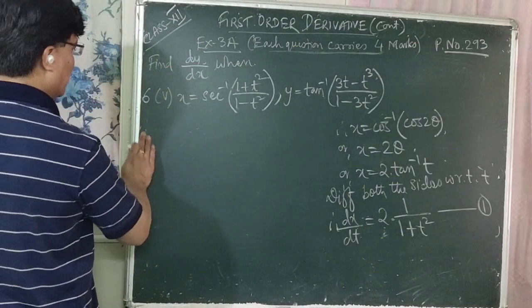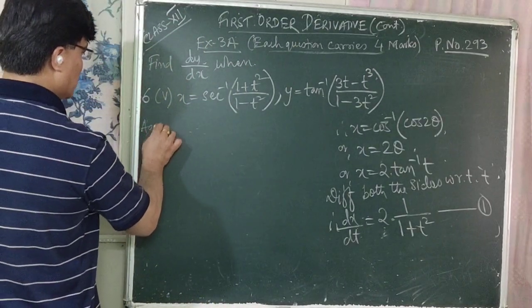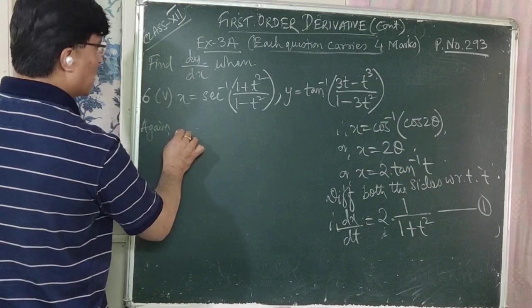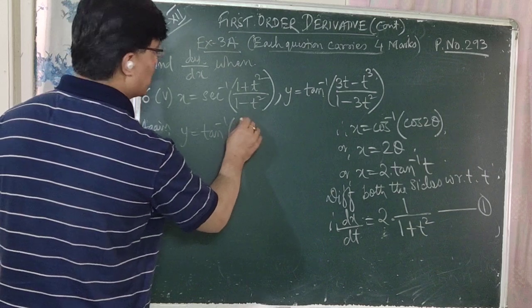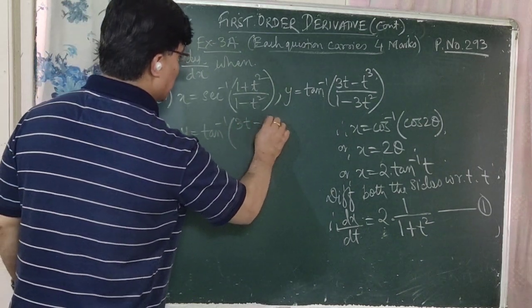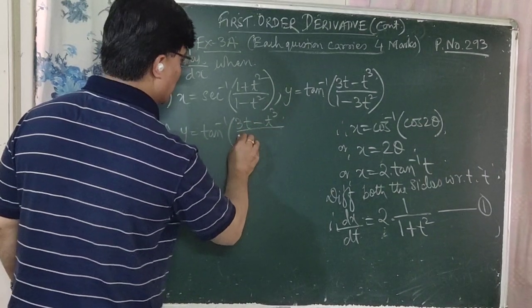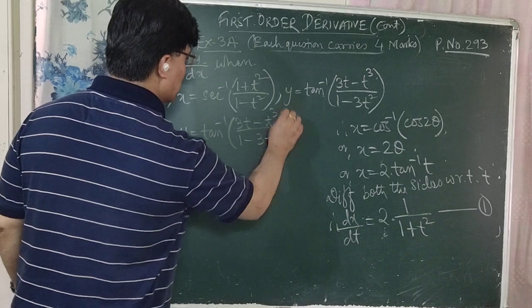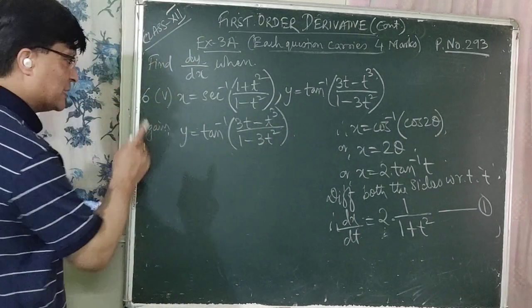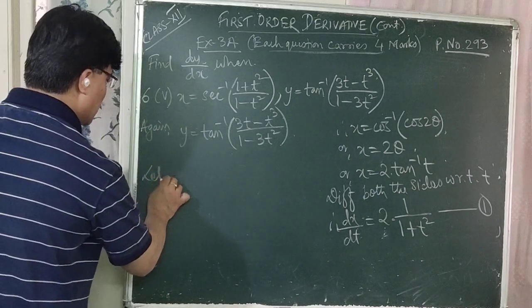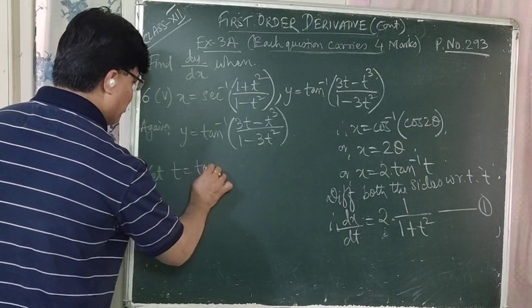So again, what is the value for y? Here y is equal to tan inverse within bracket 3t minus t cube divided by 1 minus 3t square. So here you can put t is equal to tan theta, but you put let t is equal to tan beta.